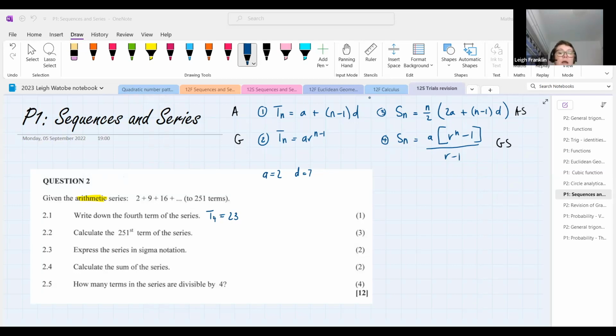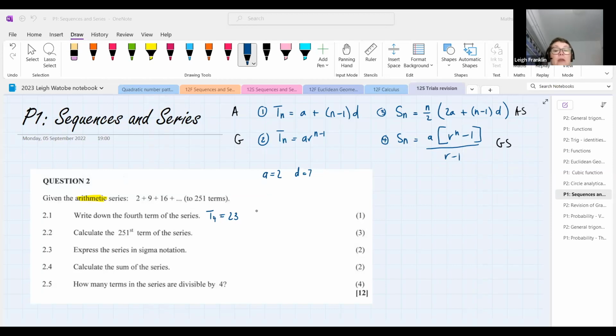How would we calculate the 251st term, which also happens to be the last term in this pattern? We have to find our Tn and we have to substitute 251 into that.